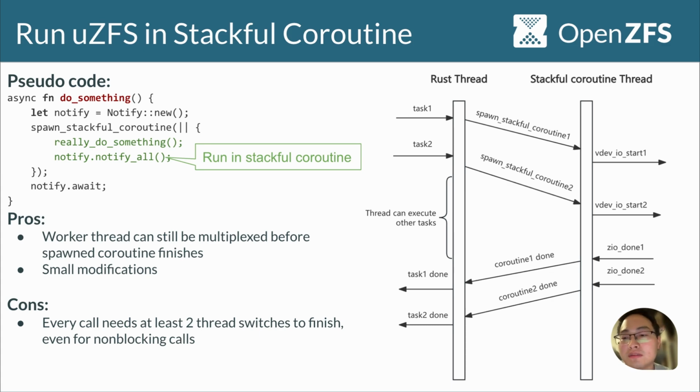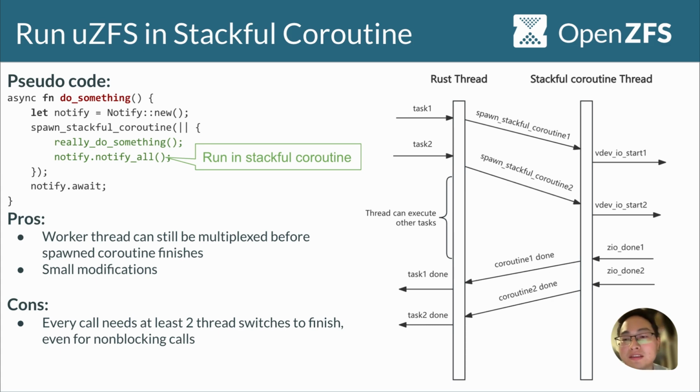The advantage of this solution is that we don't need too many modifications. We only need to rewrite those locks or CVs and other system calls that may block the thread. We don't need to rewrite all functions that call them.